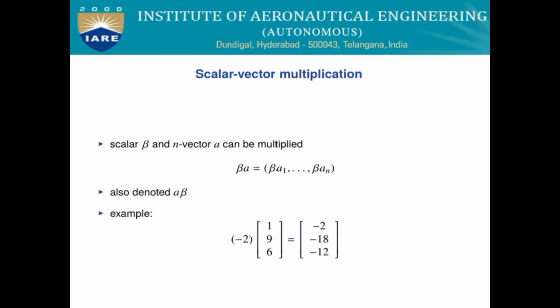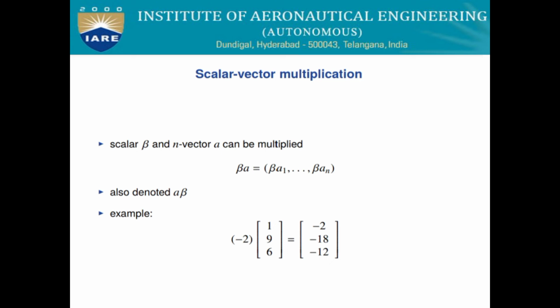Scalar vector multiplication. A scalar beta and an n-vector a can be multiplied. Beta a is equal to beta a1, beta a2, and so on, beta an, also denoted a beta.